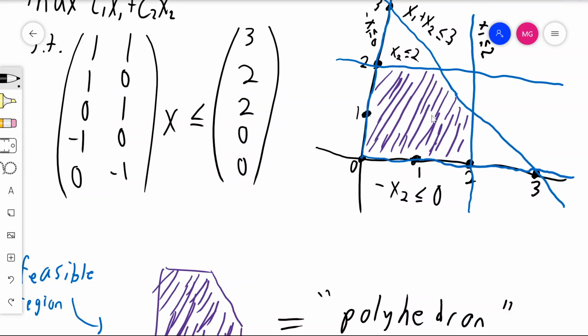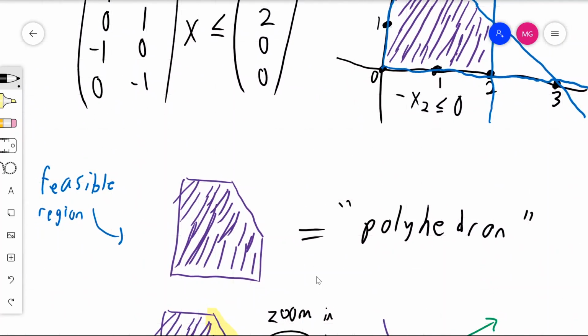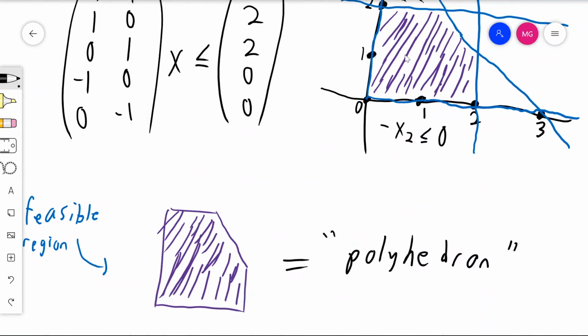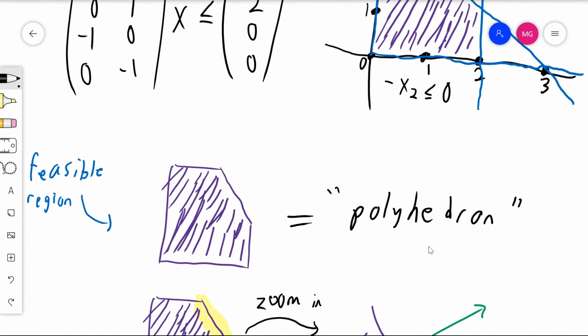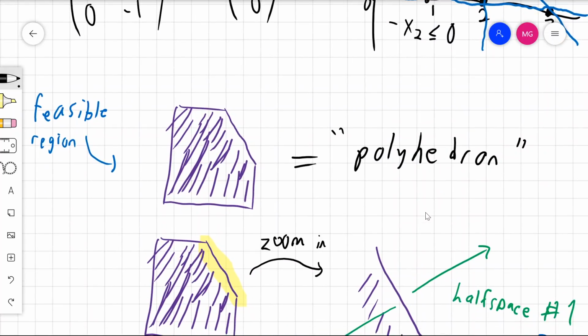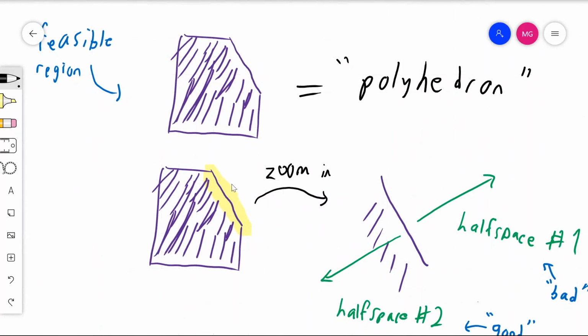It has to satisfy all those things. And when it satisfies all those constraints, you get that purple set there, and that's the feasible region. So all the points in space are packed into this shape here, and we call that a polyhedron. We'll define what a polyhedron is in a moment. But first, let's just analyze this a bit.